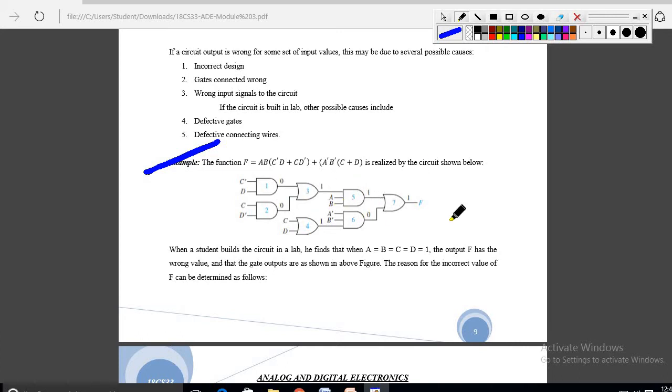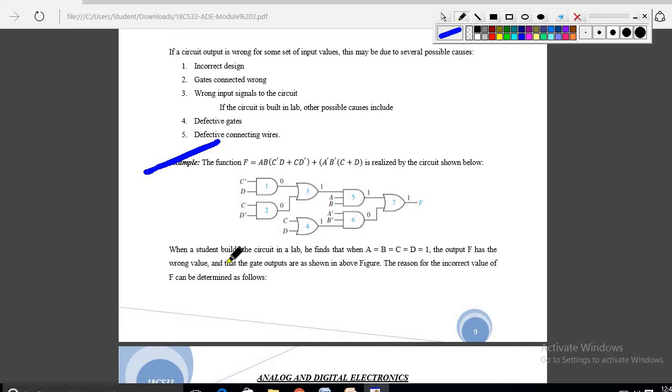First you have to write the logic circuit for the expression. You might write it wrong also, but we have to test this circuit. For that reason, for example, I have randomly written these values 0 0 1 1 here. They are not exact values, so I need to test this circuit.